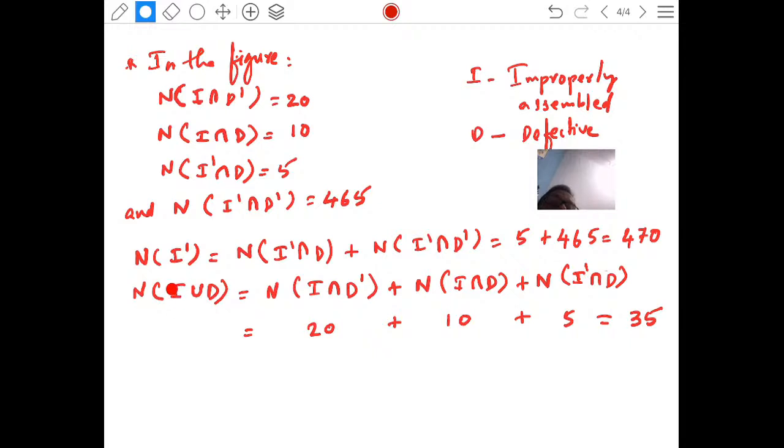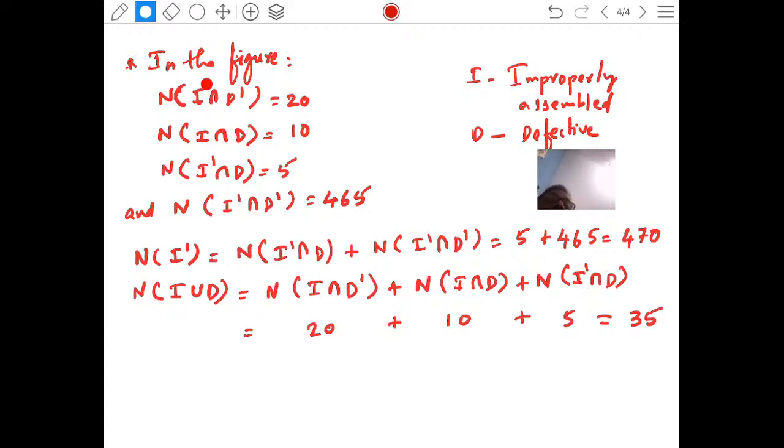Since the first part is I, we take all the cases of I. So the cases are first n of I intersection D complement, then n of I intersection D, then n of I complement intersection D. In the second part we have to consider D also, so considering D, we take n of I intersection D, and again D in the third set, n of I complement intersection D.